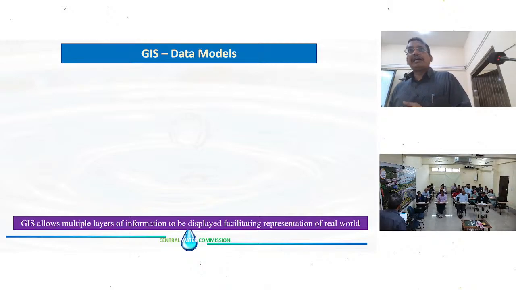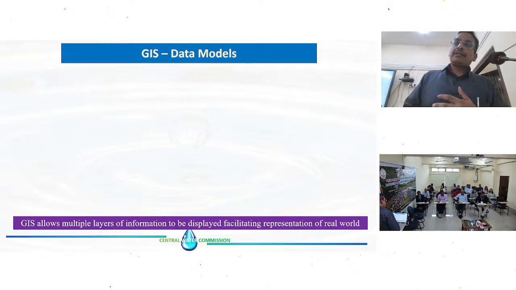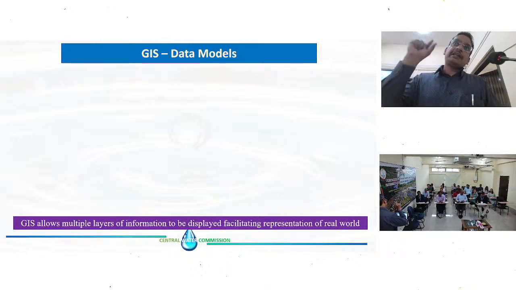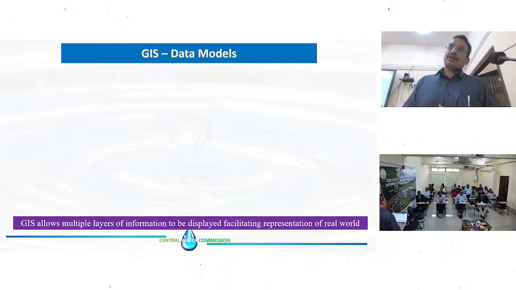Polygons are used if you want to represent a state or district. A city at India scale is a point, but if you are showing a Guwahati city map, then it will be a big polygon. It also depends on scale whether you represent something as a point or a polygon.